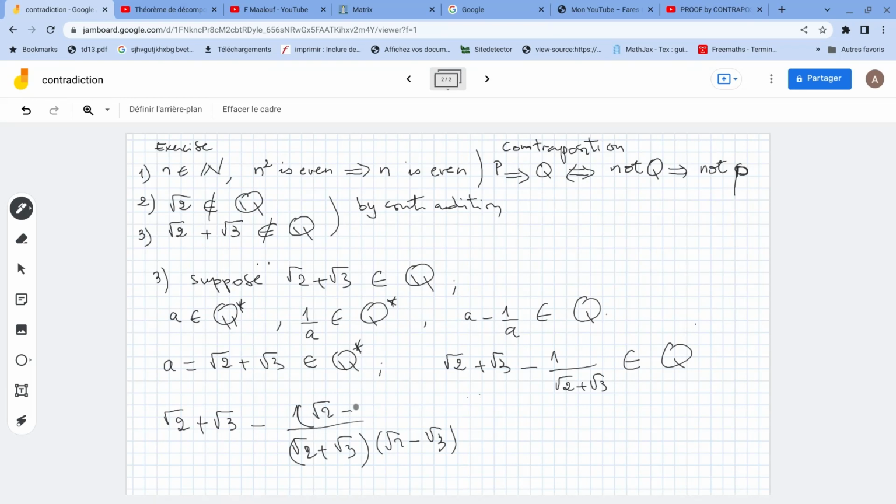This is the conjugate expression. This gives minus 1 because (a plus b) times (a minus b) is a squared minus b squared. Here square root 2 squared is 2 and square root 3 squared is 3. 2 minus 3 is minus 1. So this belongs to Q.